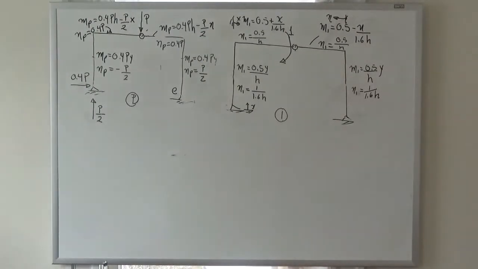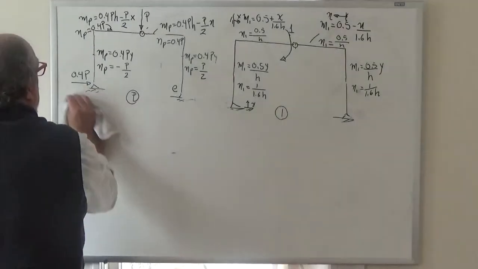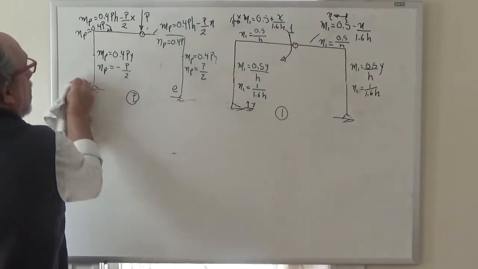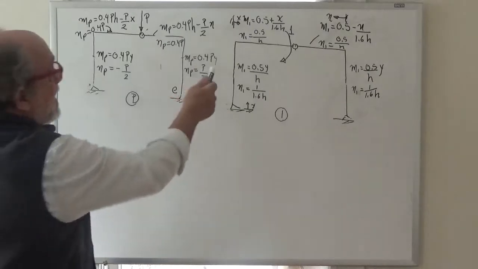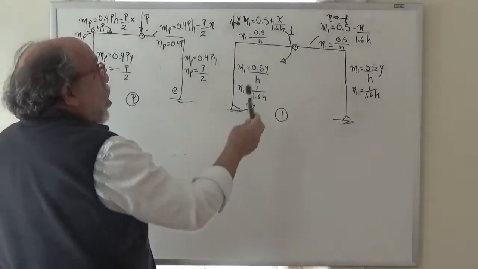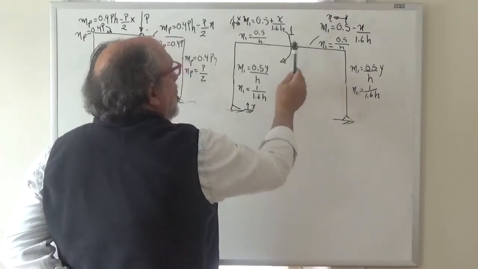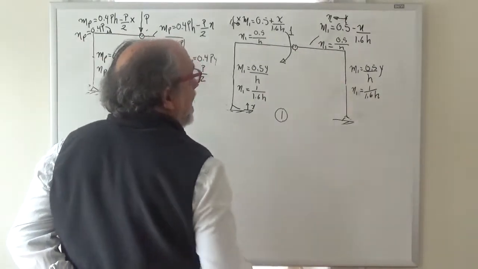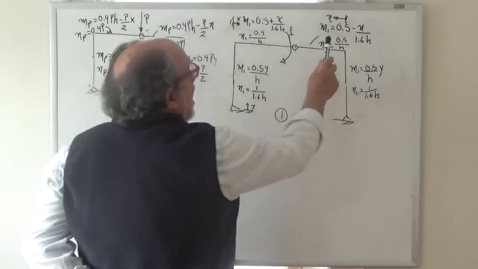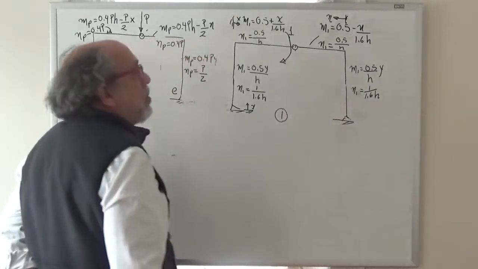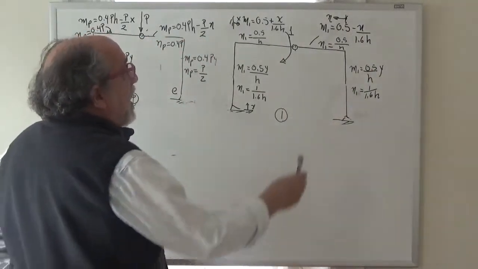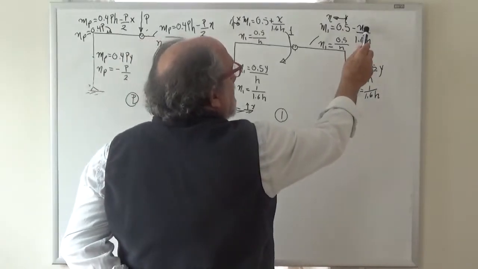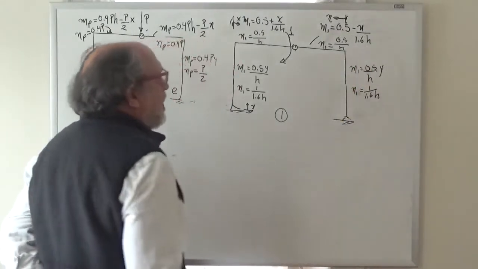Now, take these reactions off. If we look at this side, the situation is different. On the right side of the hinge, there should be no moment whatsoever, because it's a hinge and we are on the right side. So here, if we put N equal to 0.8h, we find a half minus a half, that's 0.